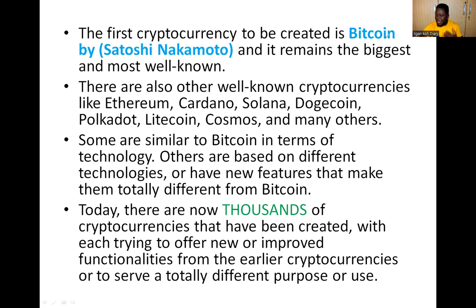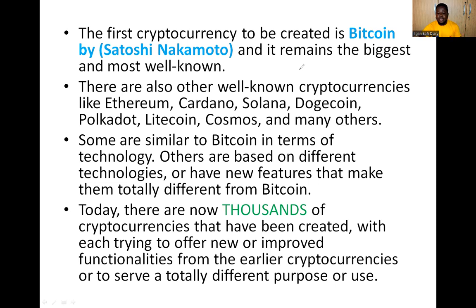These are terms, but later you may understand them. Every cryptocurrency has a white paper. It has a blueprint, okay? But let me just leave it like that. So Satoshi Nakamoto was the first to come up with the Bitcoin idea, to develop Bitcoin as a cryptocurrency.